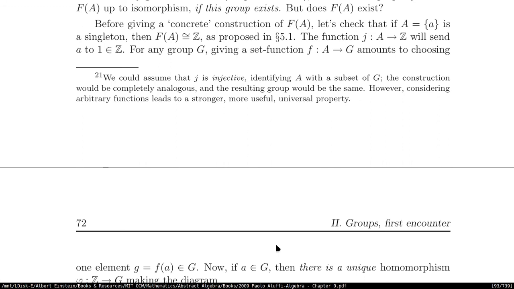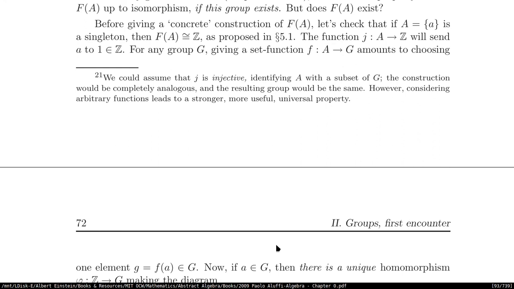So if your A is a singleton, just as we saw before, then your F(A) will be isomorphic to the integers, because you're just going to have the powers of A, and the powers of A in the free group will just form the integers.